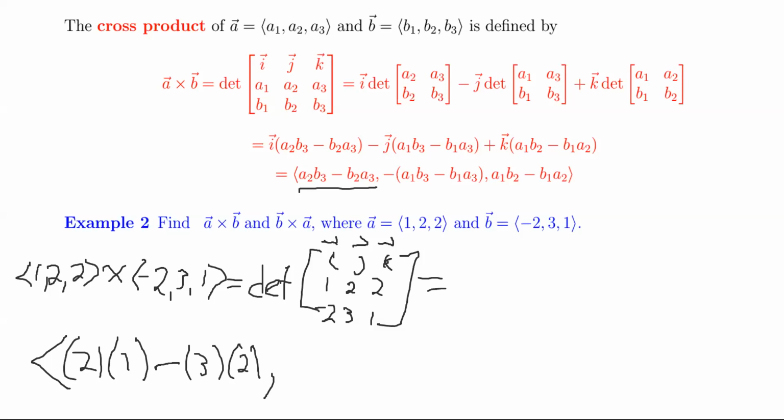And then in the second coordinate, we subtract A1, B3 minus B1, A3. A1 is 1, B3 is 1, minus B1 is negative 2, and A3 is 2.